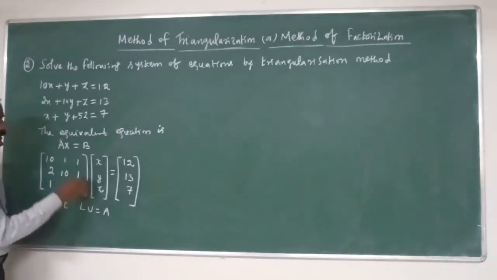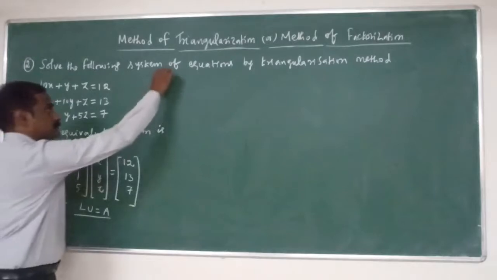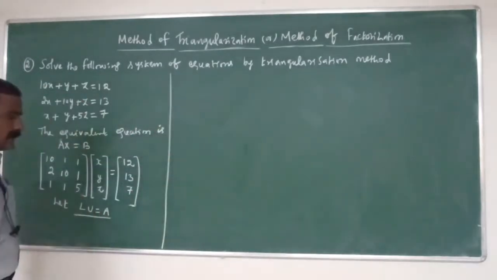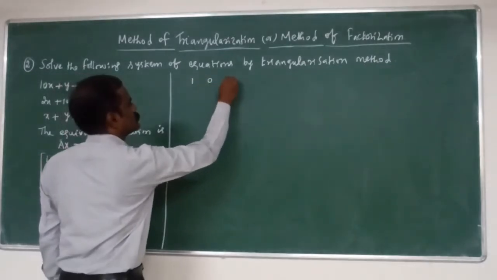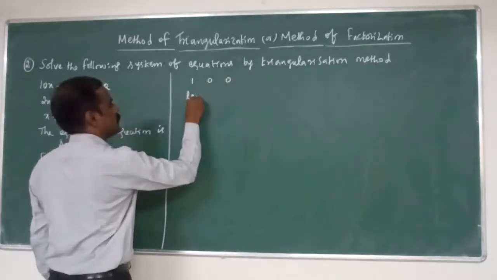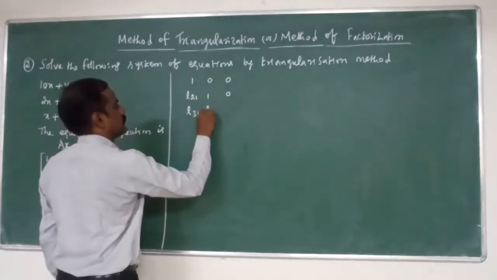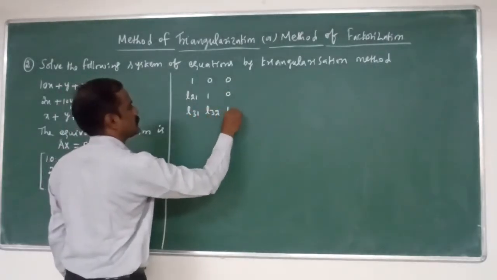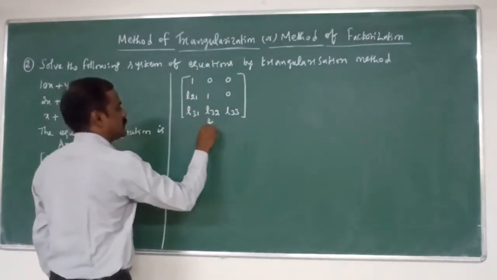So we can write in this format. Here we can write 1, 0, 0; L21, 1, 0; L31, L32 and 1. This is the L value.